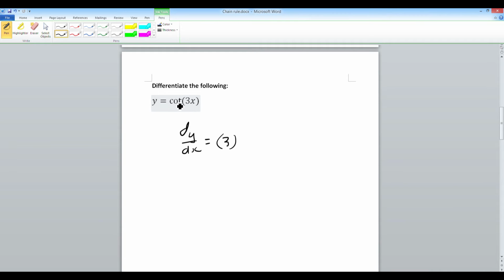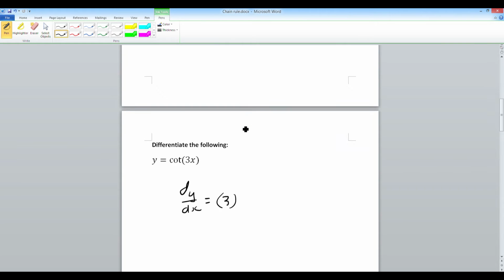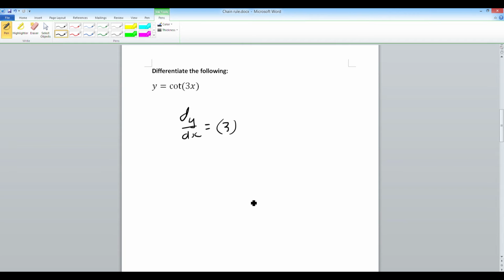So the derivative of cotangent we just saw is negative cosecant squared of x, or cosecant squared of the something. So it's going to be a negative, so I'm just going to say negative 1 multiplied with cosecant squared of this something, but this something in this case is 3x. Now I can just simplify this: negative 3 cosecant squared 3x.